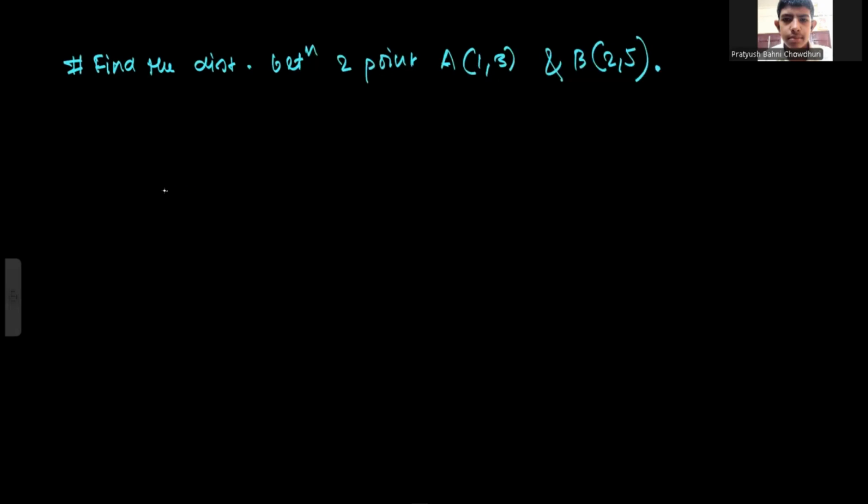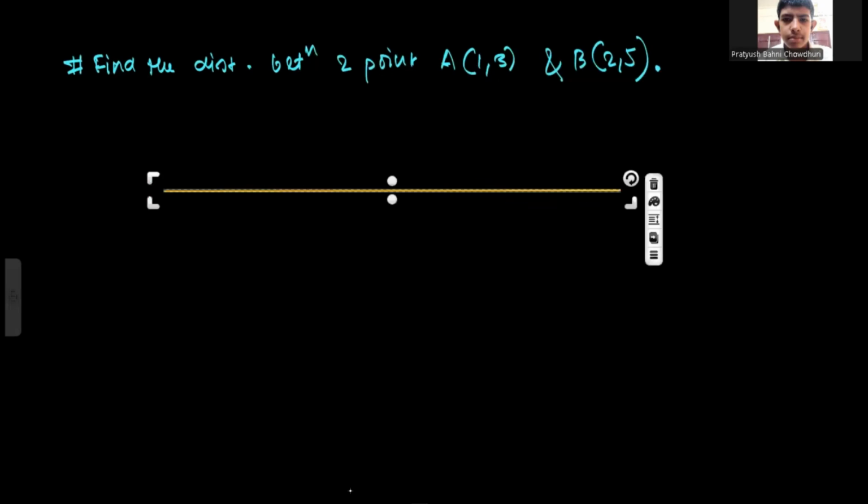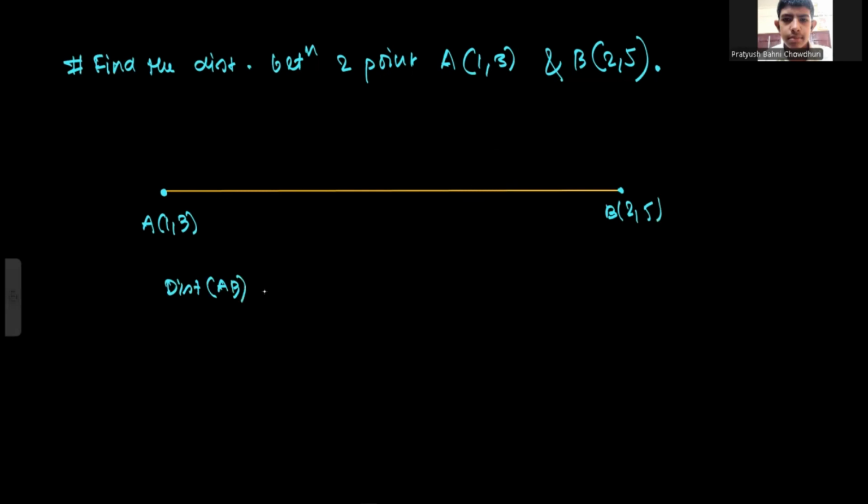A thing that is a must in Cartesian is the diagram. The diagram is here. This point is A, which is 1, 3, and this point is B, which is 2, 5. From the distance formula, we know that the distance is root over of x2 minus x1 whole square plus y2 minus y1 whole square.